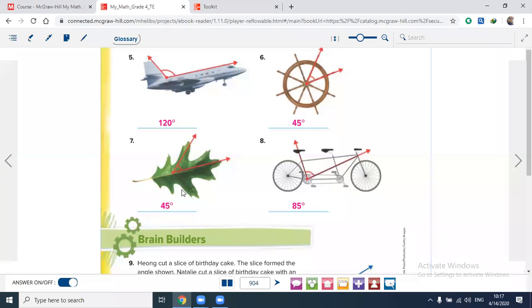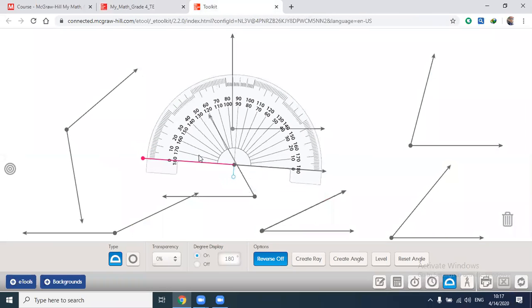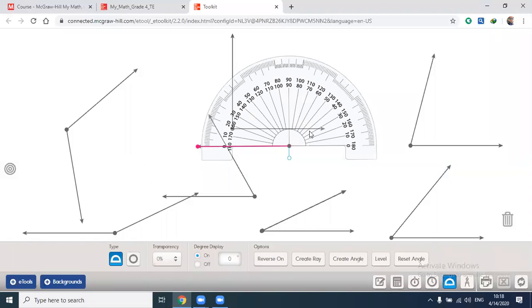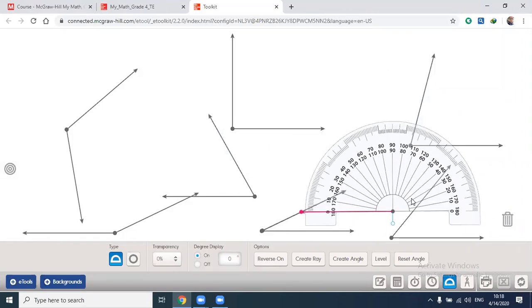Again, to measure any angle using your protractor, as you see here, this is a protractor. I can use it to measure any angle. It has two directions, two readings, from left to right or from right to left.